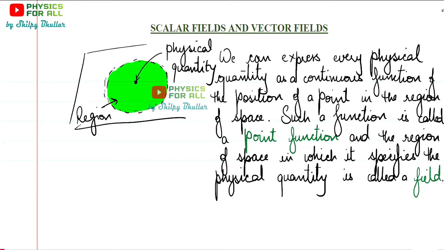So we can express that physical quantity in the form of a continuous function. Either we have a discrete function or we have a continuous function. When we talk of a region, some space we have to cover, then we always talk in terms of a continuous function.